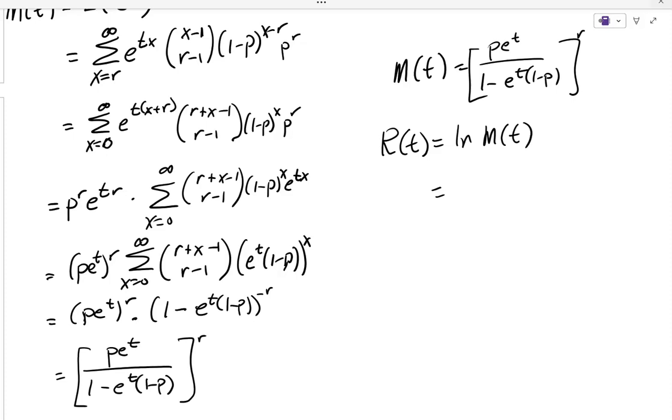Why would I want to take a log here? What can I do with the exponent? Bring it down in front, right? Log of a quotient is the same thing as what? Log of a difference. And then I've got a product on top, which I can also split up, right? So on top, I would have natural log of p plus natural log of e to the t. What's natural log of e to the t equal to? t, right?